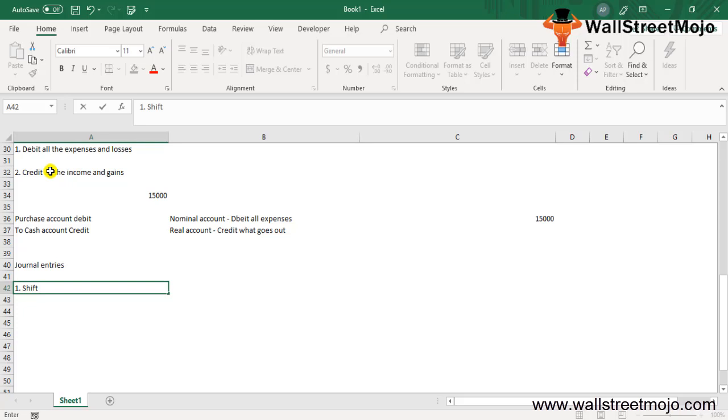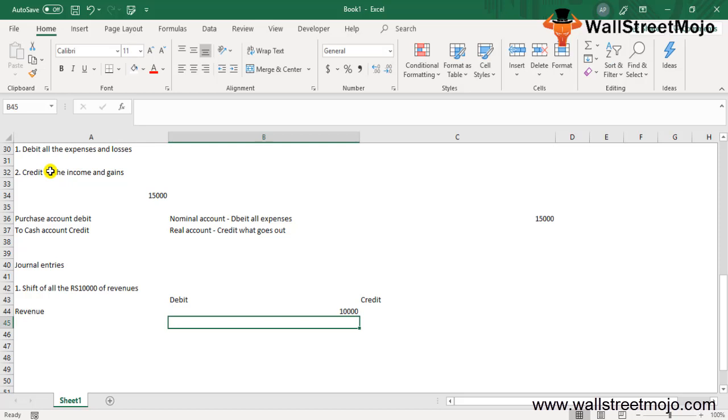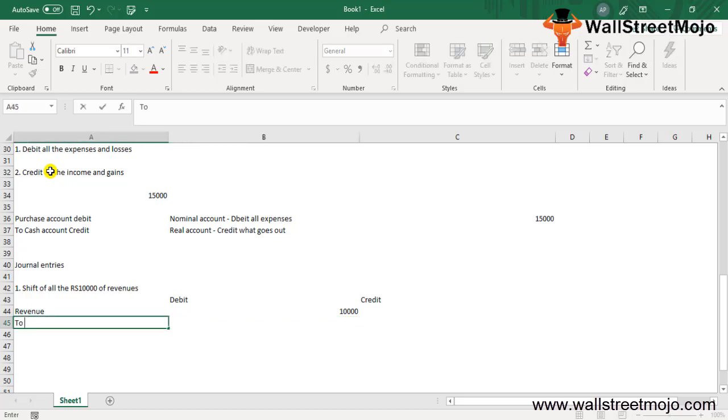First, there will be a shift of the 10,000 of revenue generated during the month to the income summary account. Revenue is debited and the income summary is credited, 10,000.